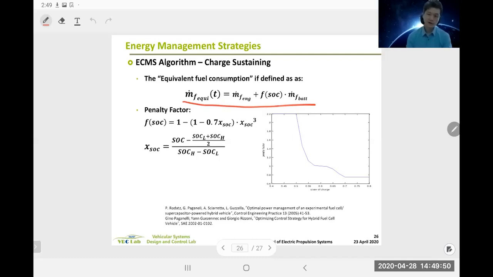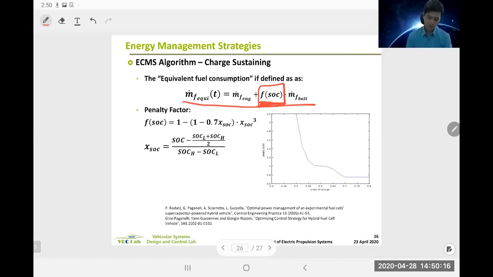The driver might ask for high power, or you might drive highway or city. You don't know what's going to happen in the future. So if you use a constant value of this coefficient, then the SOC will not be sustained.